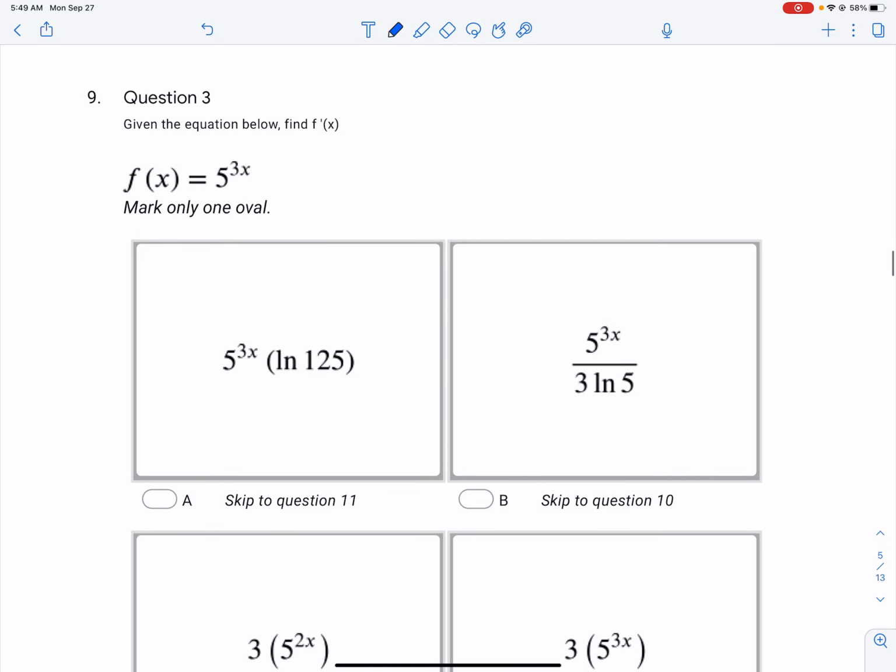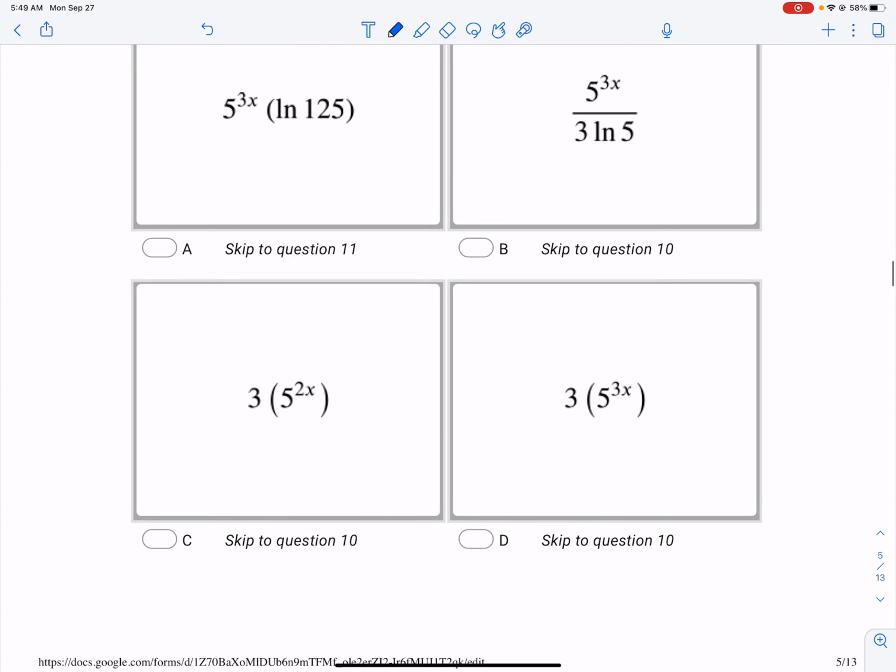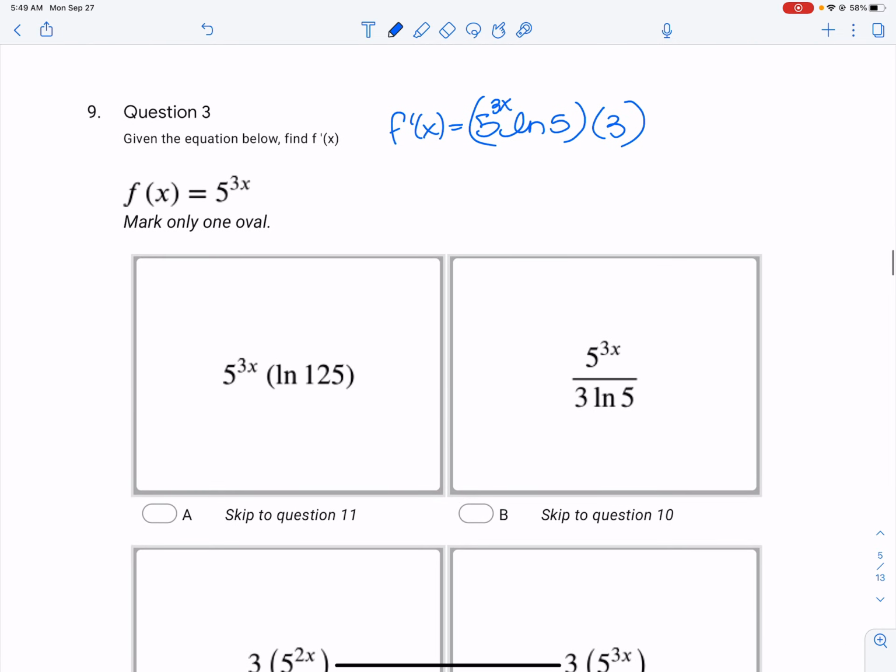Question 3. Same idea, so f prime of x is 5 to the 3x ln of 5 times the derivative of 3x, which is 3. So we can group these.